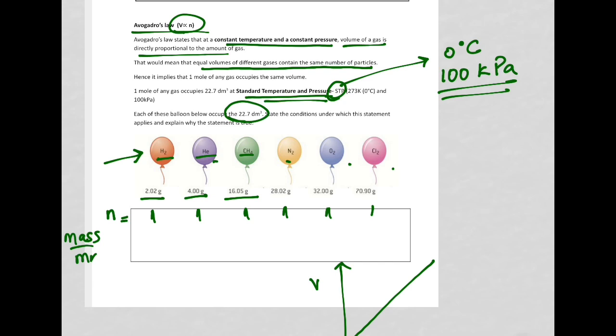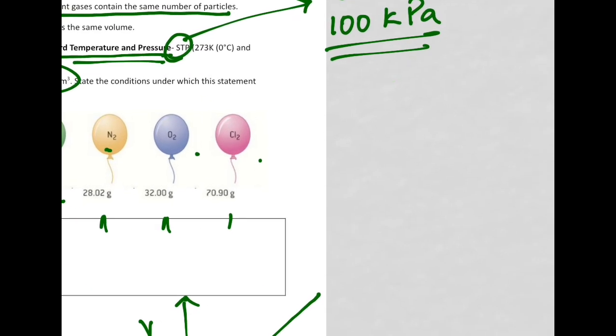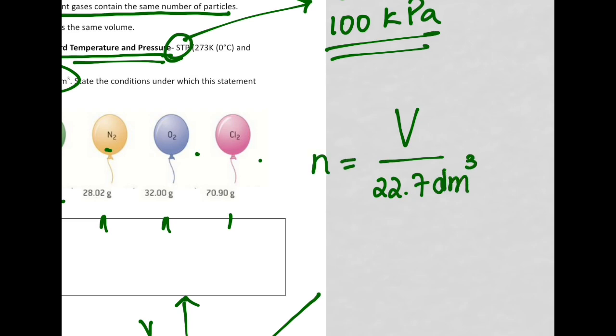So at STP, 1 mole of any gas occupies 22.7 dm cube. So if we know the volume of a gas, we can divide by 22.7 dm cube to get the number of moles of the gas. So volume of a gas divided by molar volume. This is called the molar volume that we are going to abbreviate as Vm.